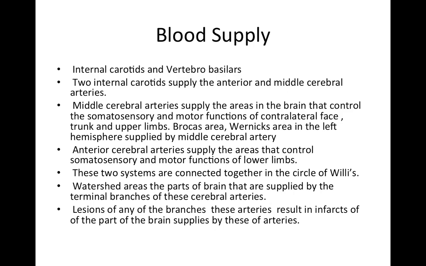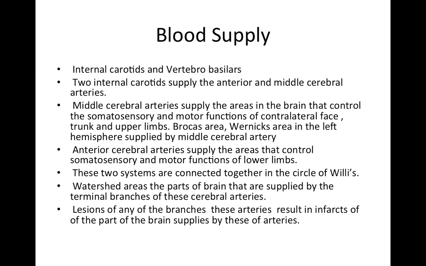So having understood the basic principles of neuroanatomy related to cerebral hemispheres and their structure and functions, let us touch briefly on the blood supply. The cerebral hemisphere receives the blood supply from the internal carotid system and the vertebrobasilar system.